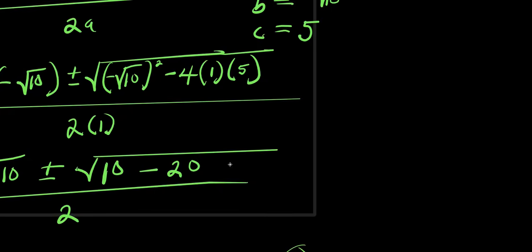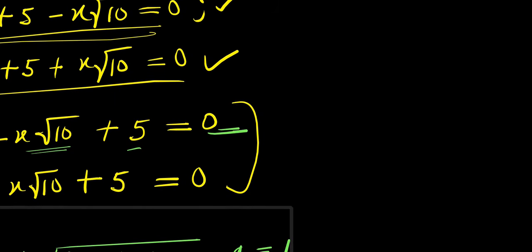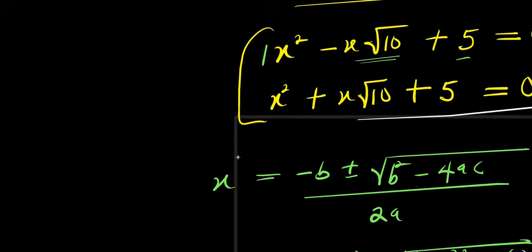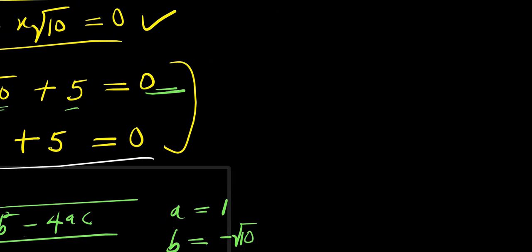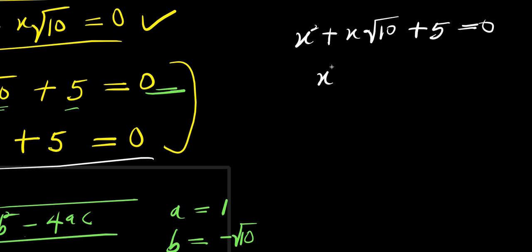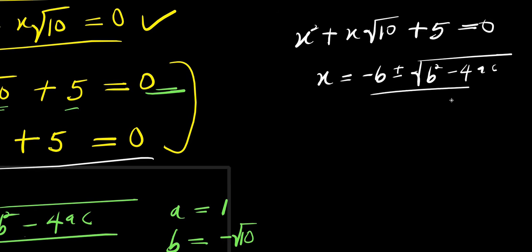Now, let's solve for x3 and x4 using this part of the equation here. Of this particular equation, x squared plus x times root 10 plus 5 equals 0. We still make use of the formula method. We have x equals negative b plus or minus the square root of b squared minus 4 times ac, divided by 2 times a.